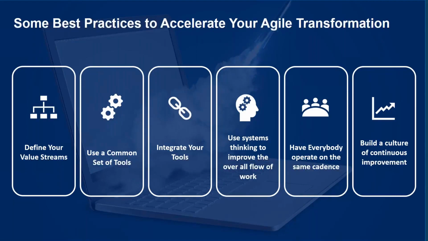Always look for ways that you continuously improve and make sure that you build in the time to allow those improvements to happen, so you can reap the benefits of improving your efficiency and your alignment to business goals over time.